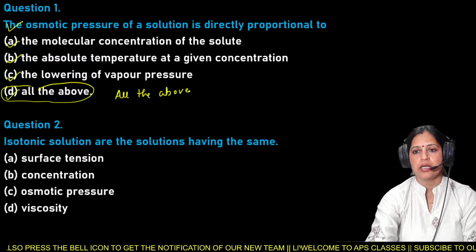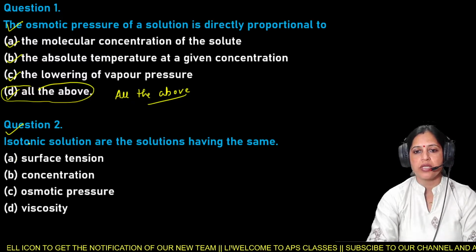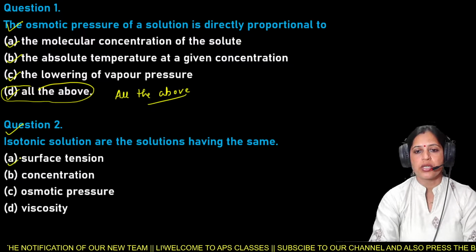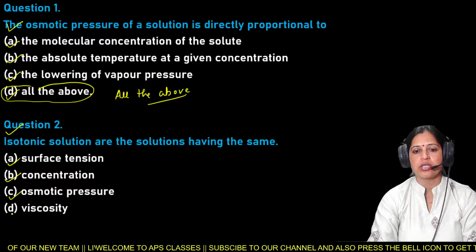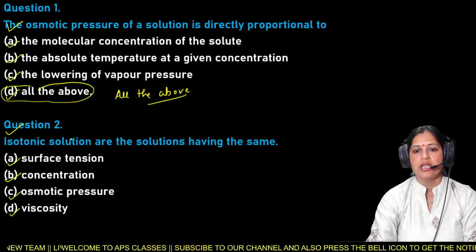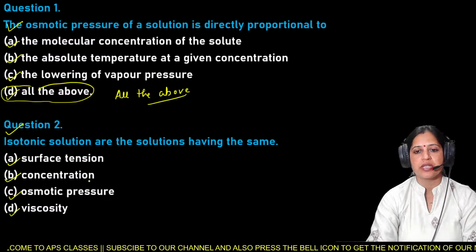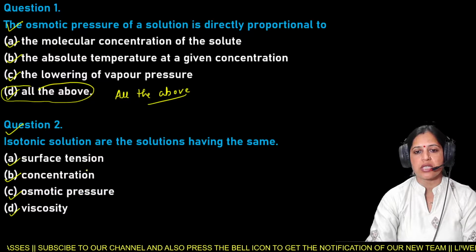Next is question number 2: isotonic solutions are the solutions having the same: A, surface tension; B, concentration; C, osmotic pressure; and D, viscosity.